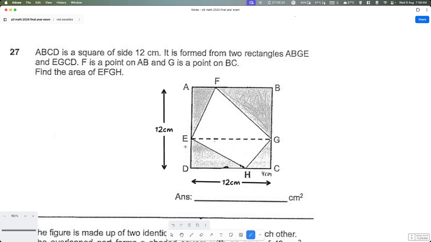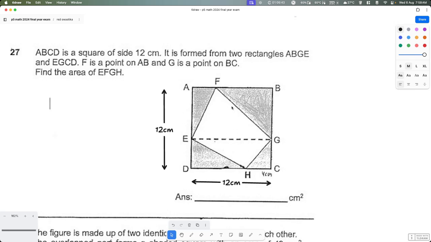Okay, I'm going to share with you something. The answer to this question is basically EFGH. So there are two triangles.